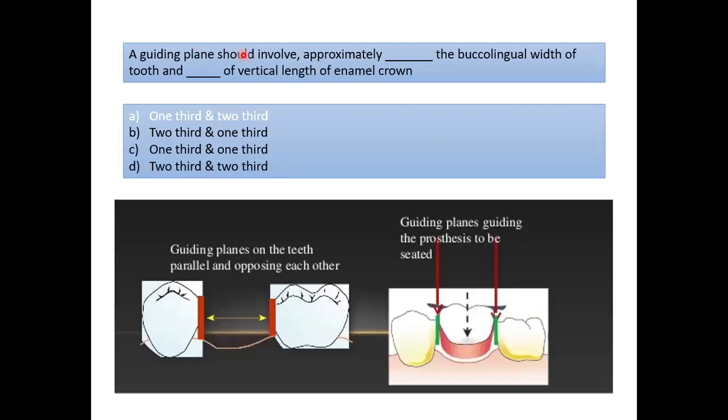A guiding plane should involve approximately how much of the buccolingual width of a tooth, and how much of the vertical length of an enamel crown or a tooth? So basically, what is your guide plane? Imagine you're planning to replace the tooth here. Your prosthesis will be placed in the same direction.